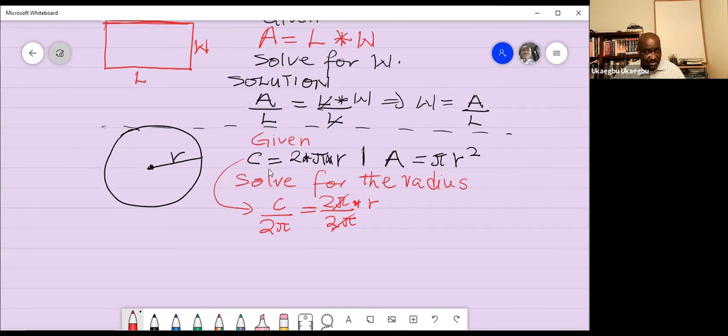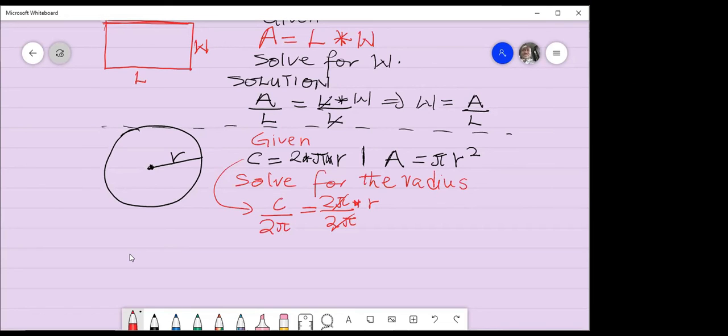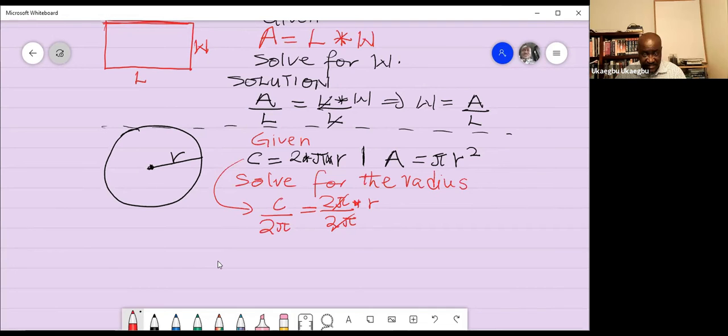Next person. Joseph, go. How about the second one, the one that has to do with area? What would you do? You divide by pi, I guess. Yes, and then what's the next step after dividing by pi?